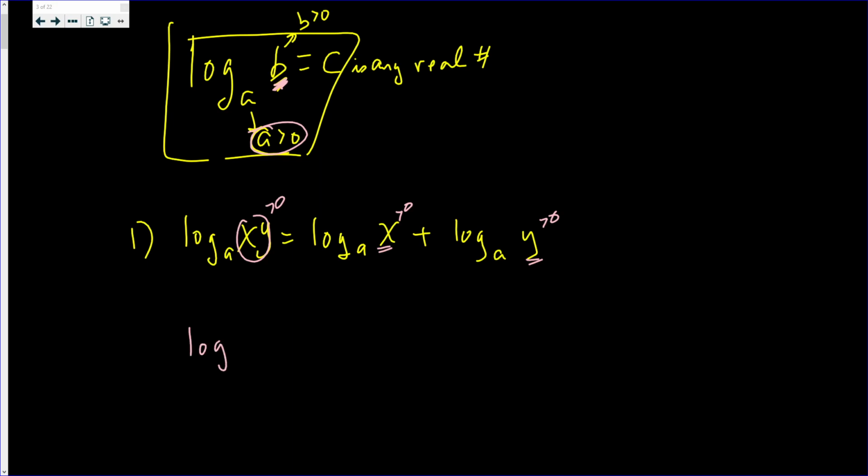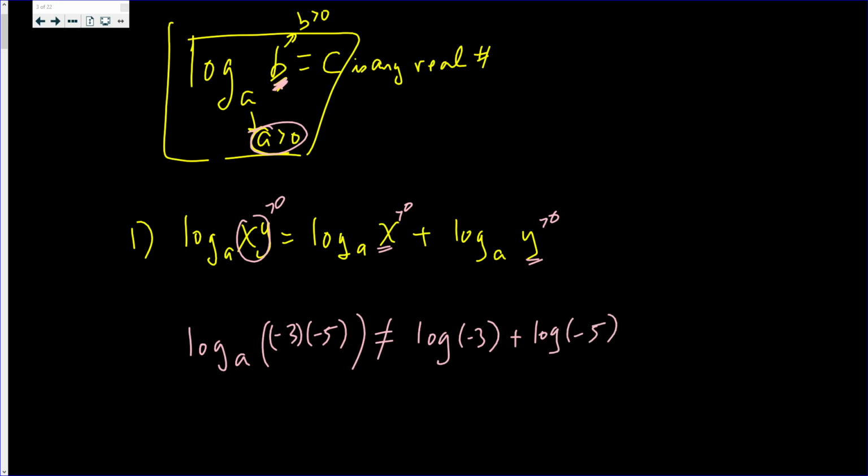Just remember that -3 times -5 is positive, but it does not equal the log of -3 plus the log of -5, because those numbers are negative.